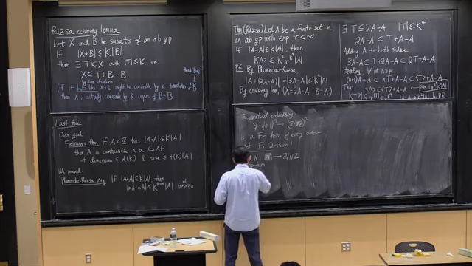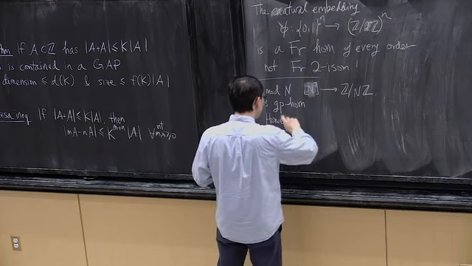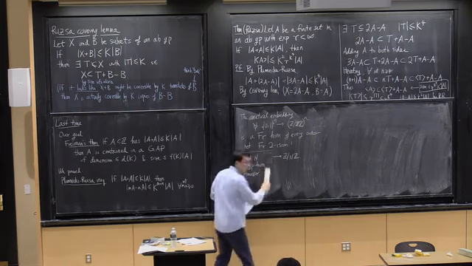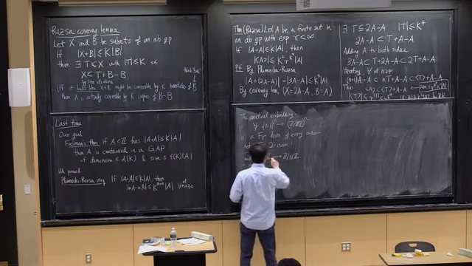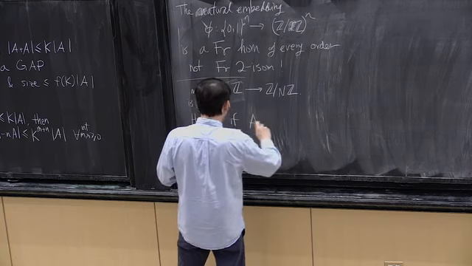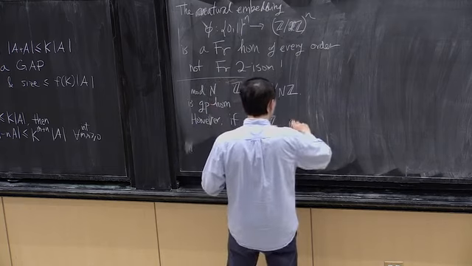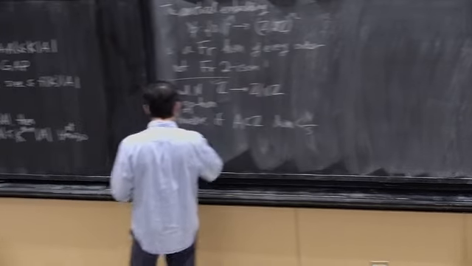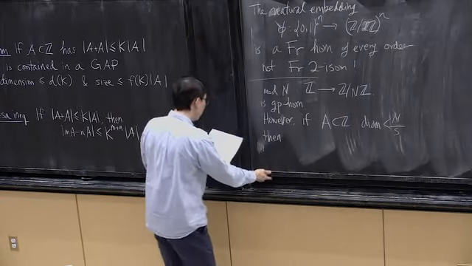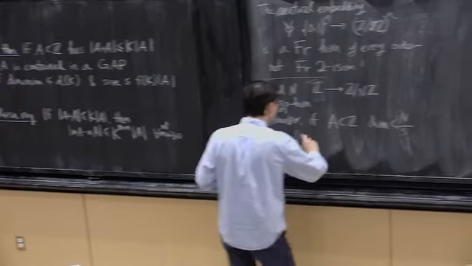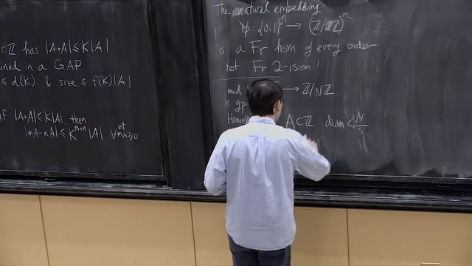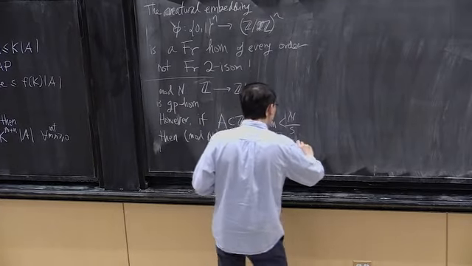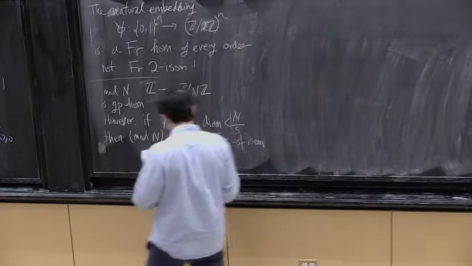However, let me go back to Z again. If A is a subset of integers with diameter less than n over s, then this map, mod n, maps A Freiman S isomorphically onto its image.